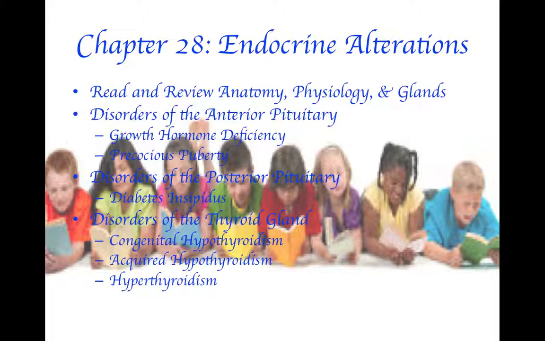And lastly, we will look at hyperthyroidism, or hyperfunction of the thyroid gland, which is characterized by excessive levels of circulating thyroid hormones. Initially, symptoms may be mild and easily overlooked by the child's family.